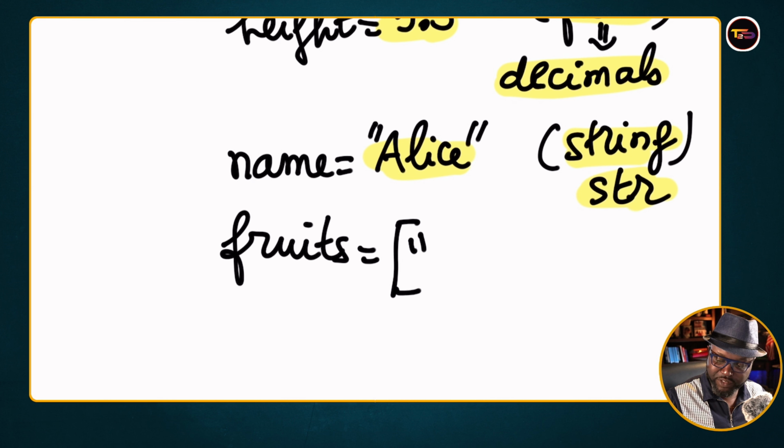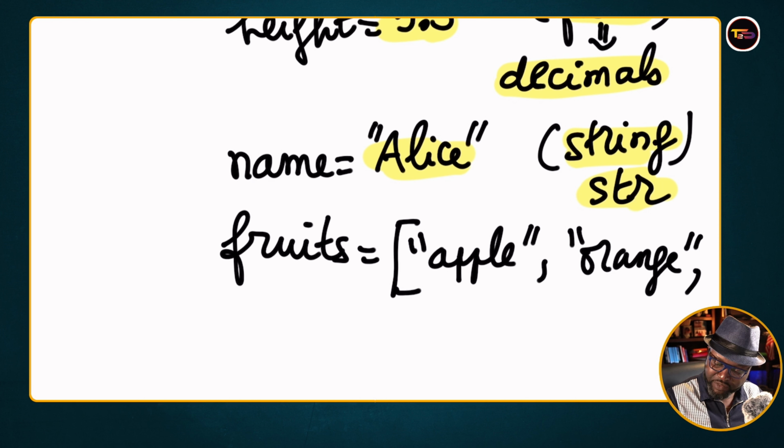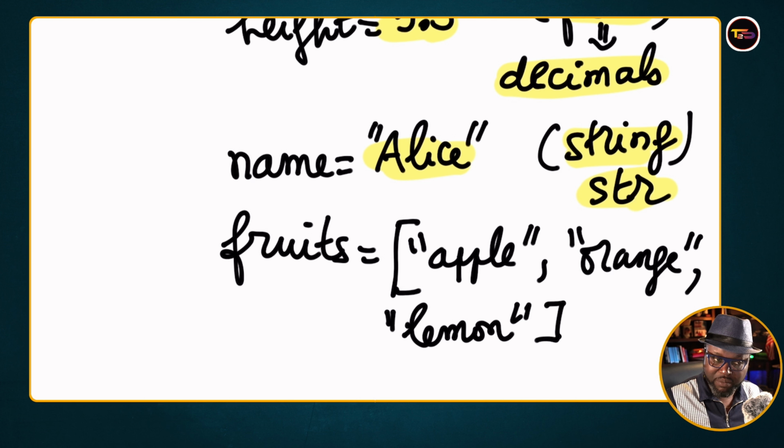So you can have apple, then you have orange in quotation marks because these are strings. Then you have lemon, and then close the square bracket. This is a list.